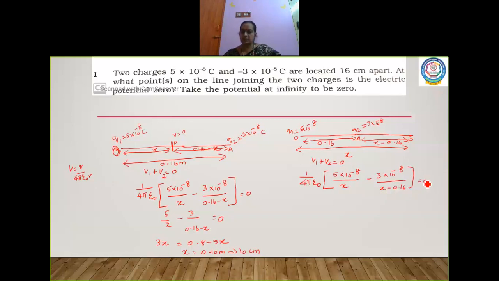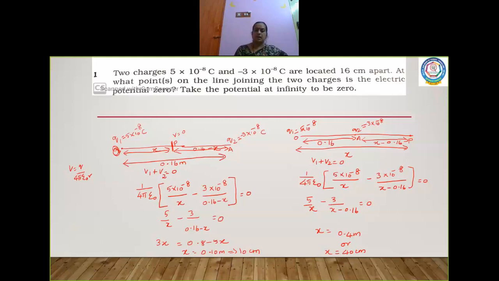After taking all the terms to the right side, for simplification I have 5 by x minus 3 by x minus 0.16 equal to 0. After simplification, I have the value of x to be 0.4 meter or 40 centimeter.